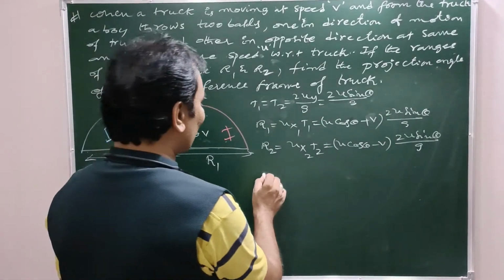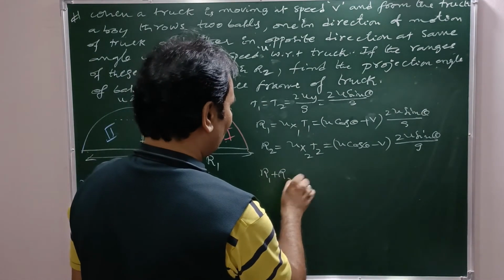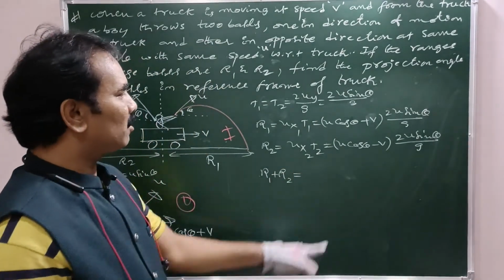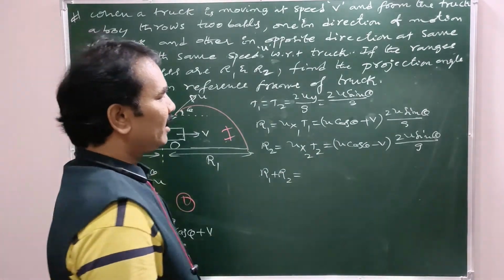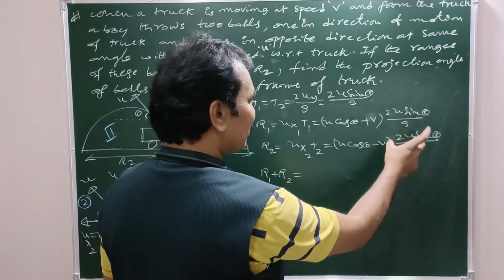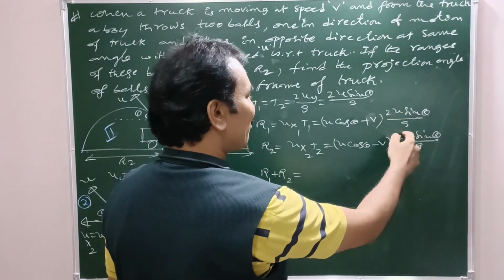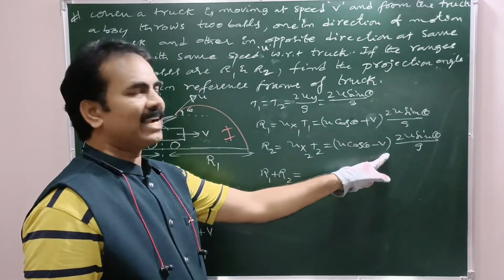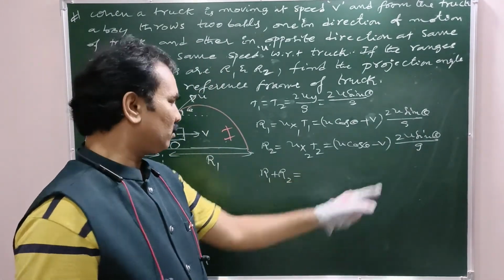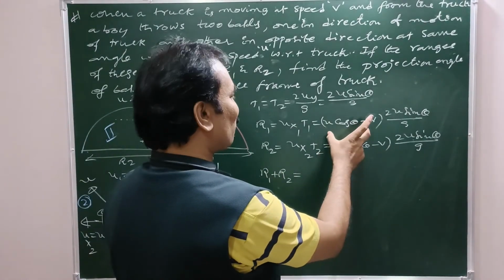Now take R1 plus R2 first of all. See this term plus this term. Here the second term is positive, here the second term is negative, same terms, 2uv sin theta by g. So the second terms will cancel out on taking the sum, and we are left with the first terms only.